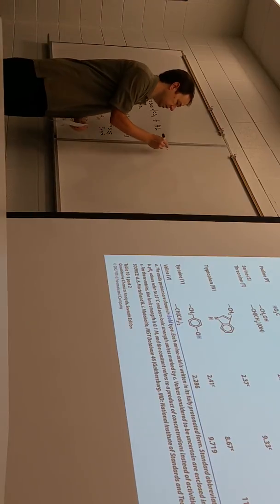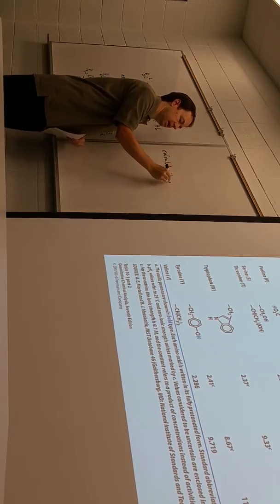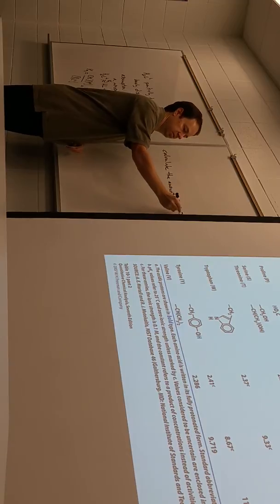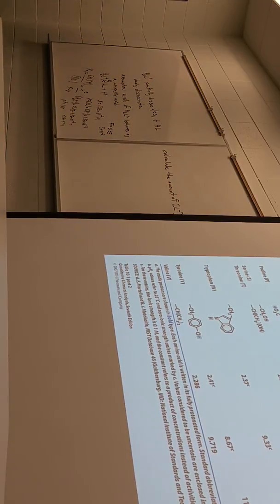Well, let's calculate the amount of the completely deprotonated form. Most of the time you wouldn't care about this. You'd be like, well, I got the pH, let's move on to question 6. But we want to make sure in this case of a polyprotic system. If this was a truly monoprotic system, we'd be done.